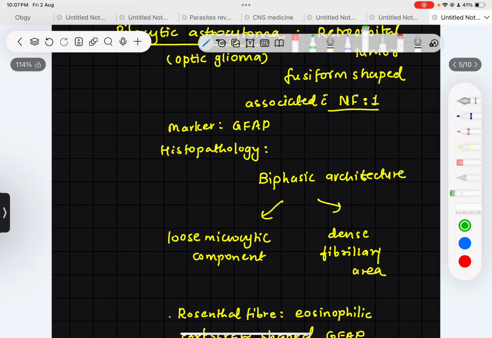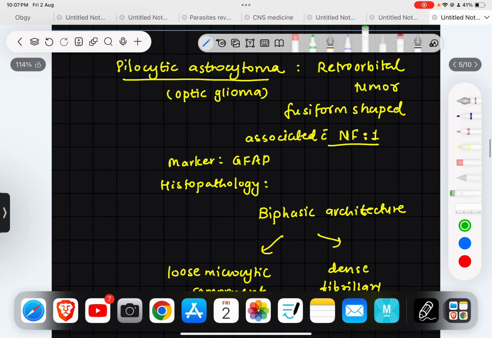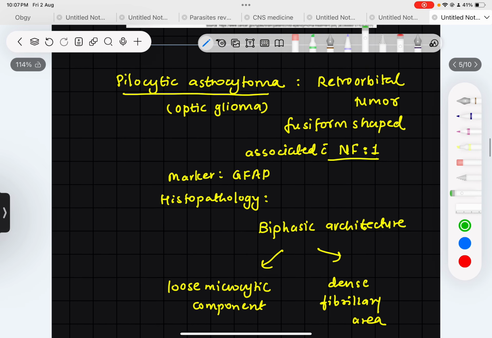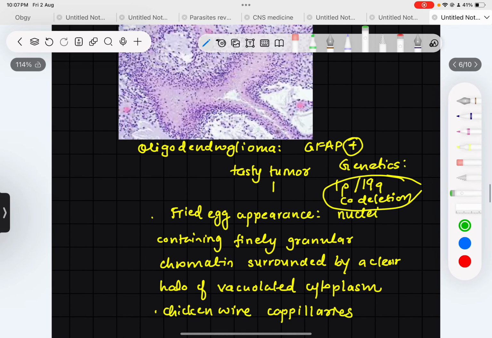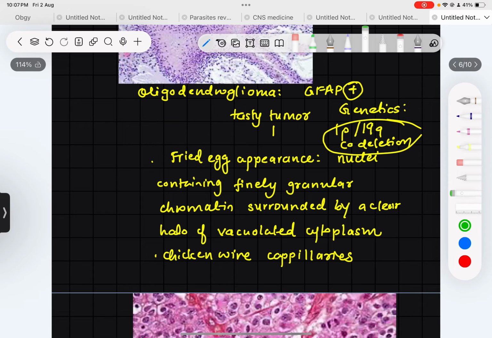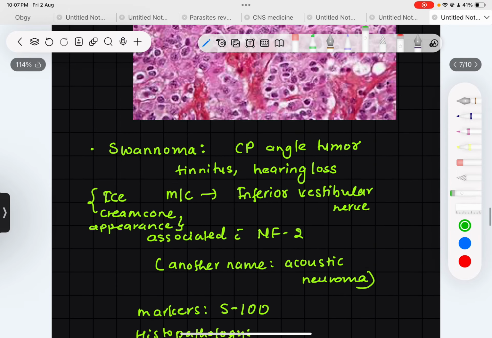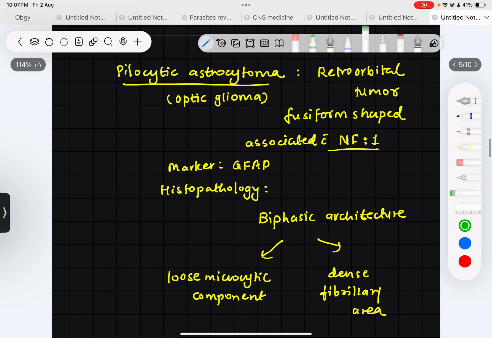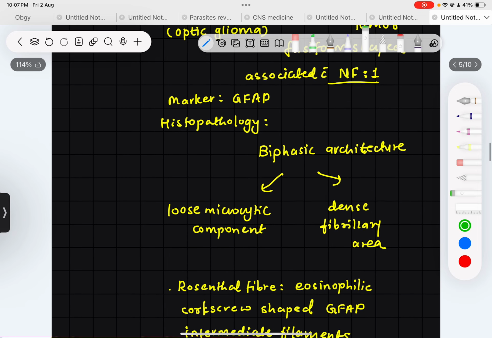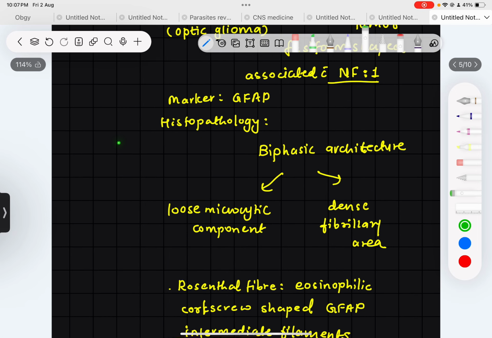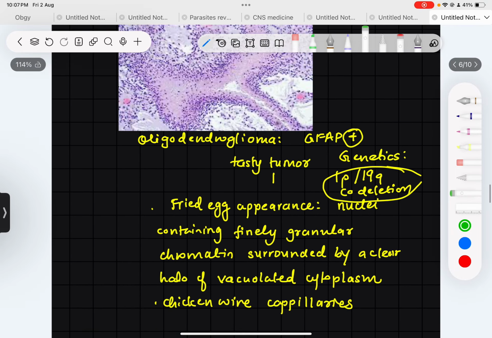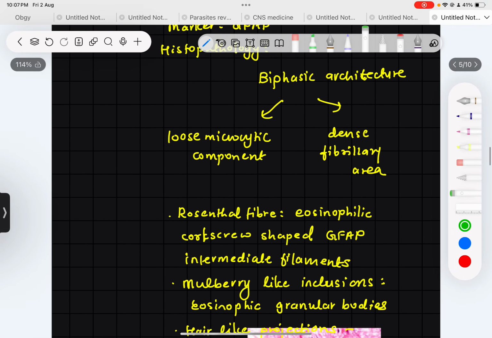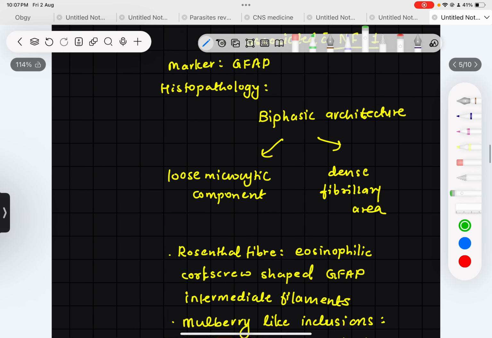Now the marker is GFAP. So GFAP is going to be seen in pilocytic astrocytoma, then glioblastoma and oligodendroglioma. Okay, now the histopathological finding is very typical for all these CNS tumors, so we have to remember each one.